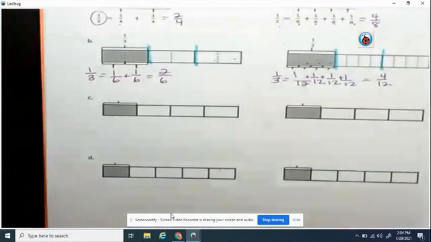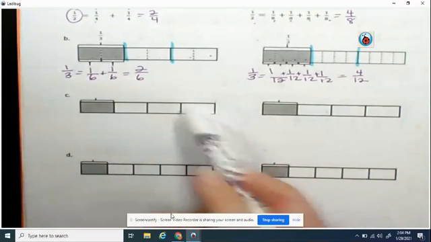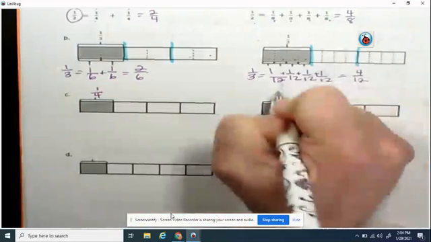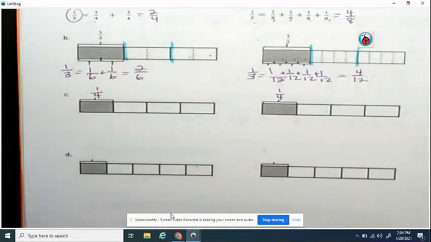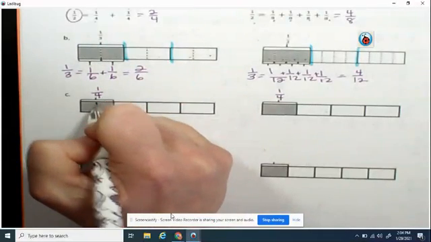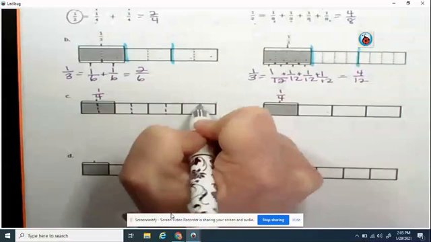Okay, now this one doesn't give us anything, so we have to decide what this is. So if this is my whole, there's 1, 2, 3, 4 pieces. So this is 1/4, and this would be 1/4. Okay. All right, so now on this side, we're just gonna start by splitting in half. Each one of these we're gonna split in half. So now we're not gonna have fourths anymore.